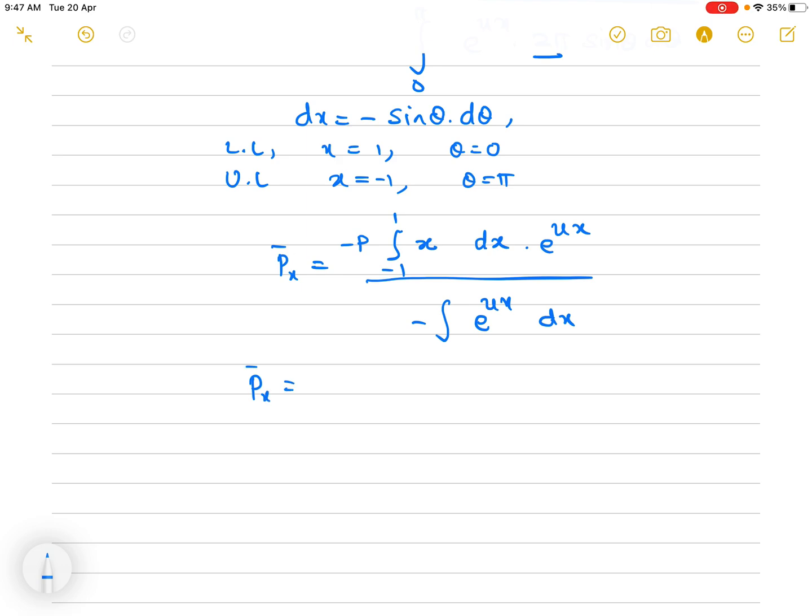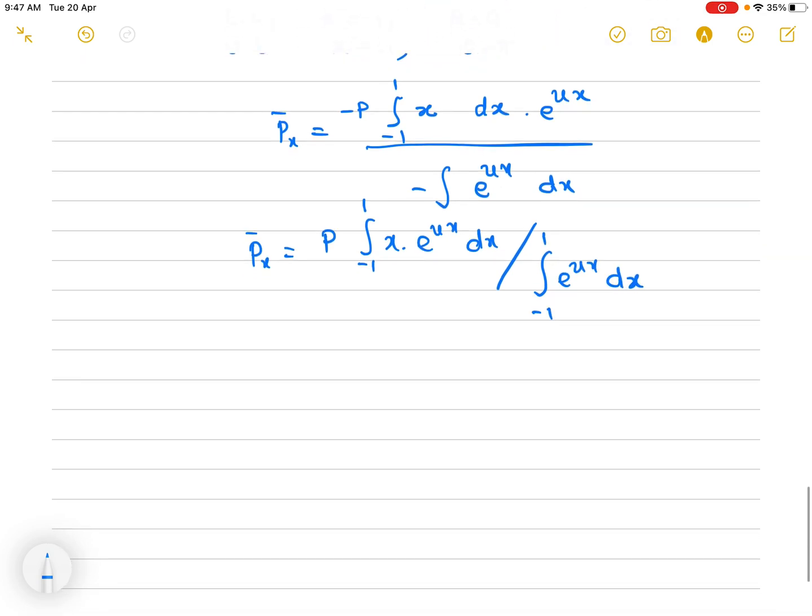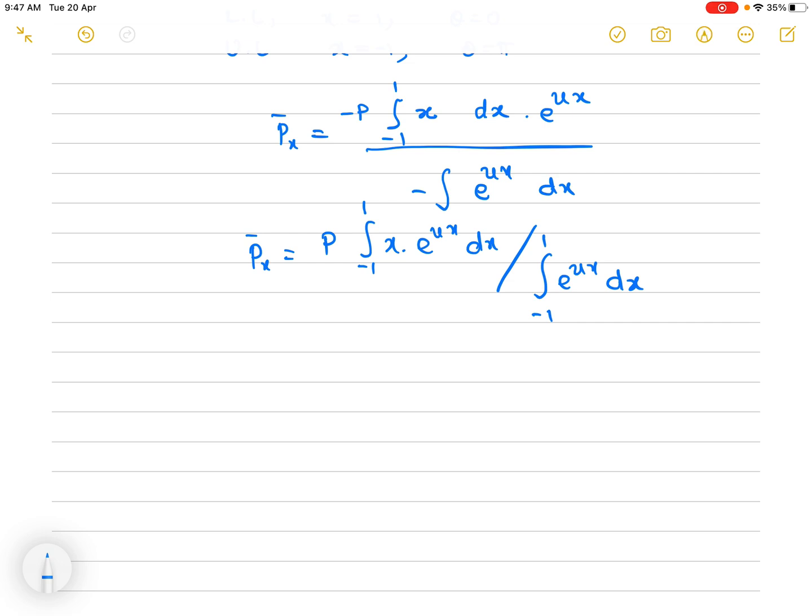This function is called the Langevin function, but we will solve for this. So integral minus 1 to 1 of x e power ux dx, we can write as x integral of eux minus integral of d by dx of x times integral of eux dx. So this would be x e power ux by u minus integral e power ux by u dx.